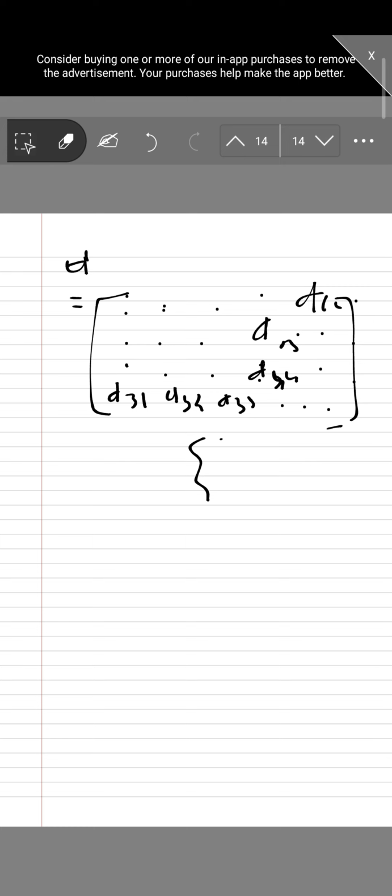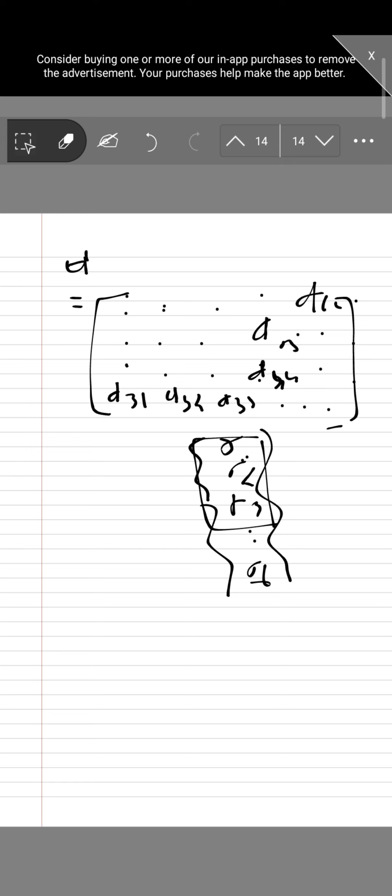Now, interestingly, the stress here will be represented as sigma 1, sigma 2, sigma 3 up to sigma 6. Now, sigma 1, sigma 2, and sigma 3 are quite well known.